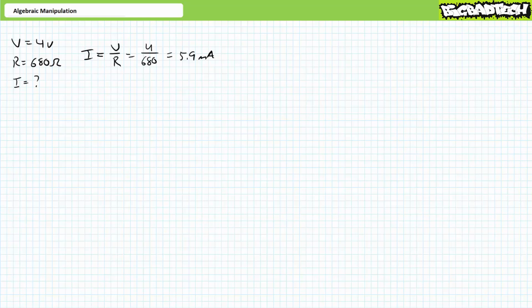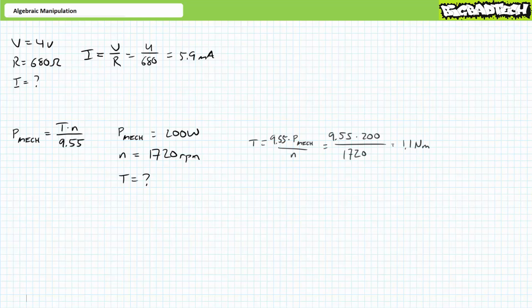A slightly more complicated example. Will the part work? Oftentimes, rated mechanical power and rated speed appear on a motor nameplate, but rated torque is unlisted. Does a 200-watt motor operating at 1720 RPM have enough torque to do the job? Given mechanical power is equal to torque times rotational speed divided by 9.55, we demonstrated via algebraic manipulation that torque equals mechanical power times 9.55 divided by rotational speed.